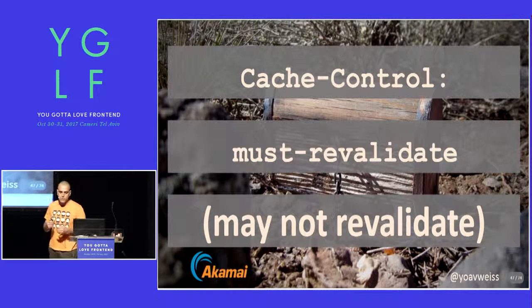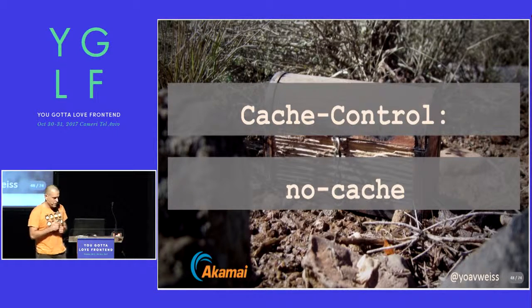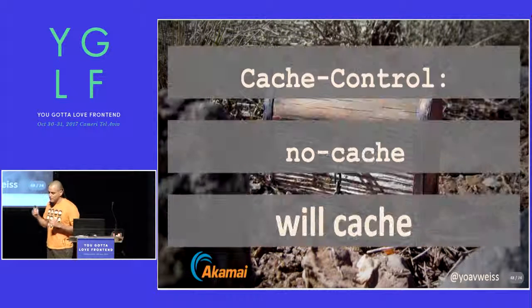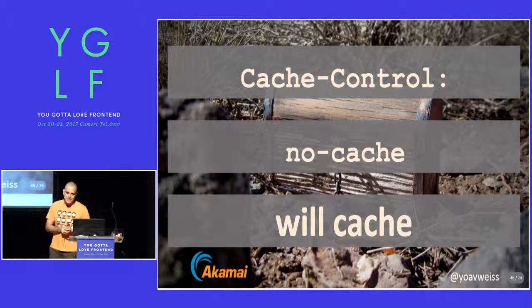So this is something you can use when the content you serve will be invalid after the freshness has run out. The other one, cache control no cache, which will cache your content. But it means that it won't be served without revalidation, which is what you would have thought must revalidate means. Sorry.